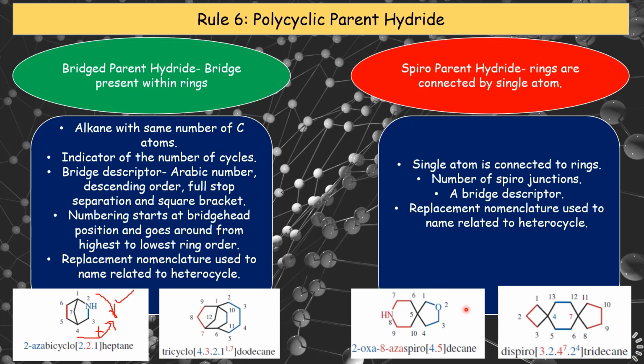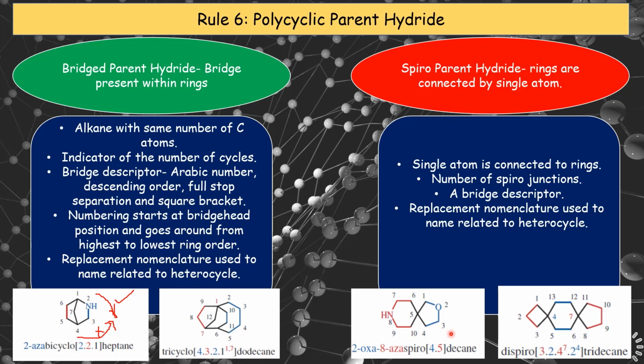So 1, 2, 3, so 2-oxa. In this way we are going to name it: 2-oxa, 8-aza, spiro, because it is a spiro compound, not a bridgehead compound. In the bridge descriptor, because 2 rings are formed, we have to write how many atoms are present in each ring.